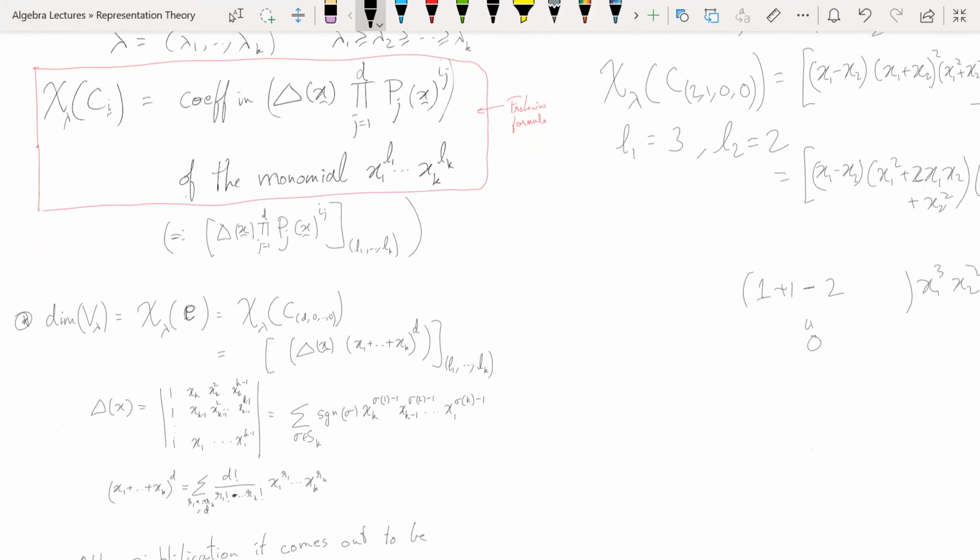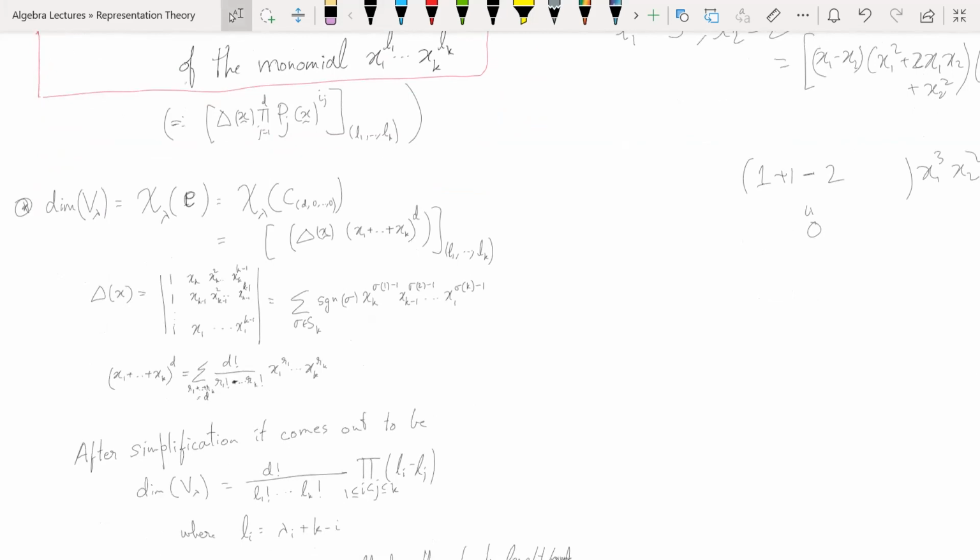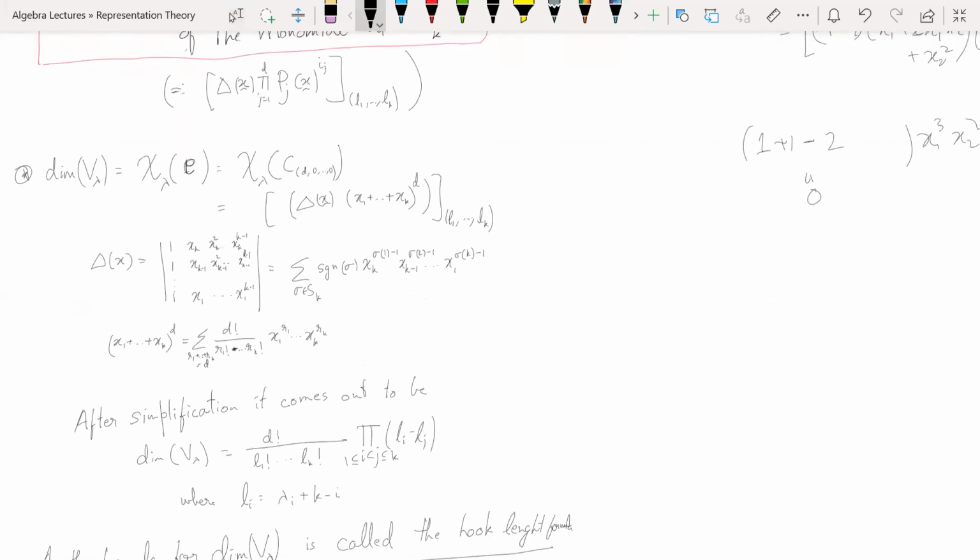Then for this product, you can use the multinomial formula. You take the product of these two and you are looking for the coefficient of this. After simplification, it will turn out that the dimension of V lambda is this: d factorial over L1 factorial to Lk factorial, where Li, remember, is lambda i plus k minus i.